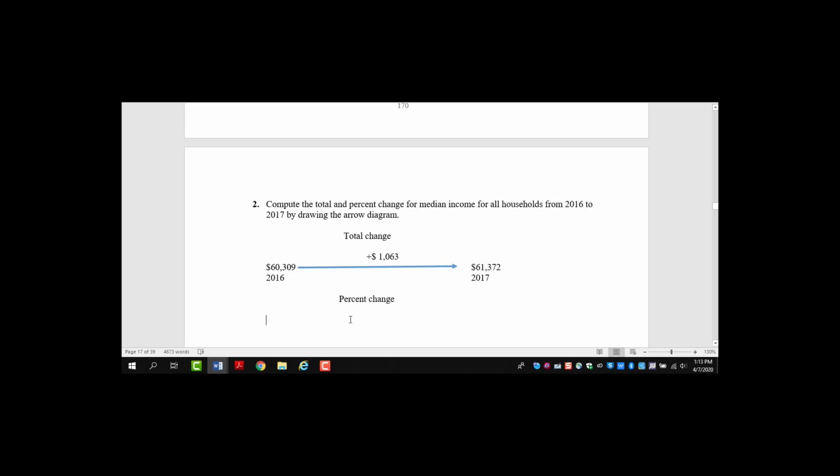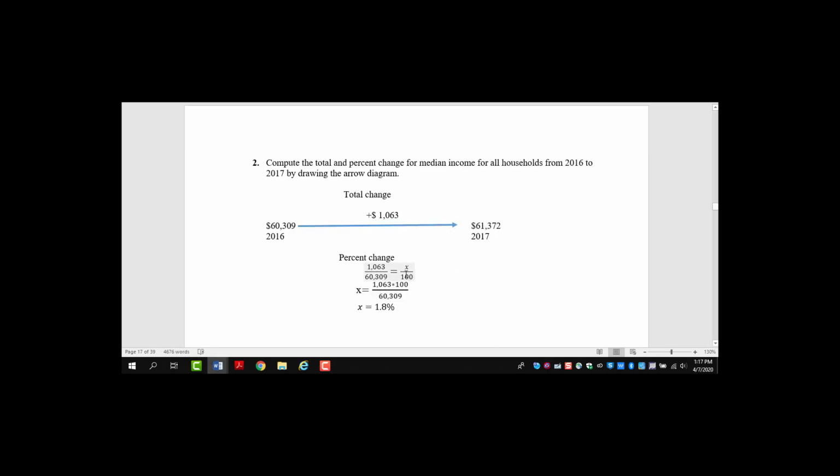Now the percent change is going to be the total change divided by the original amount. 2016 came before 2017. And I'll put up that work. So this is what I did with the proportion, right?